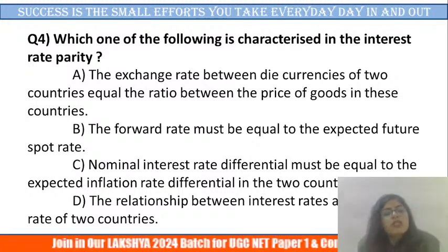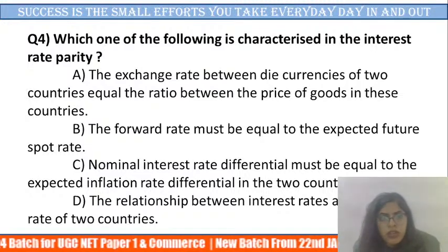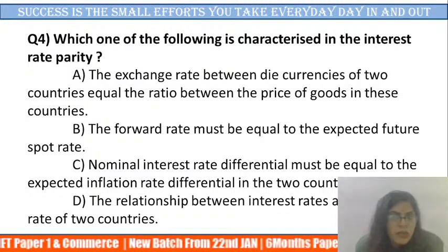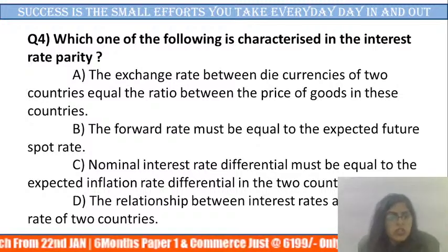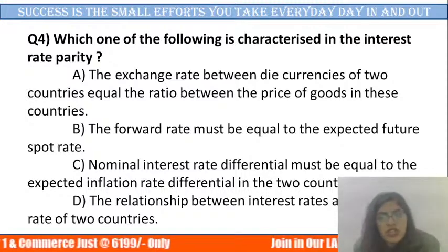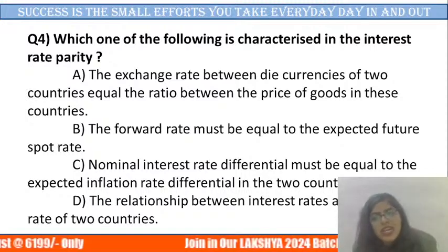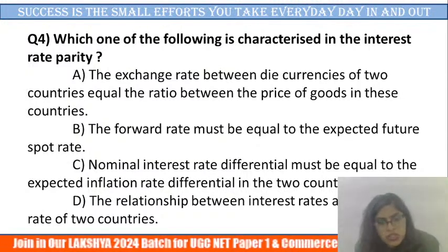Statement B is saying the forward rate must be equal to the expected future spot rate. Okay, we can consider this statement, but not fully actually. Still, we are in a doubtful position. Third is saying the nominal interest rate differential must be equal to the expected inflation rate differential in the two countries.